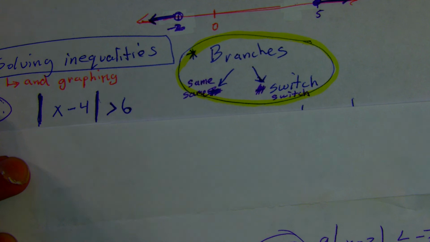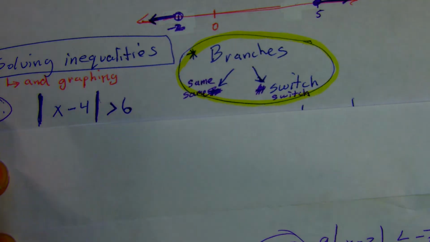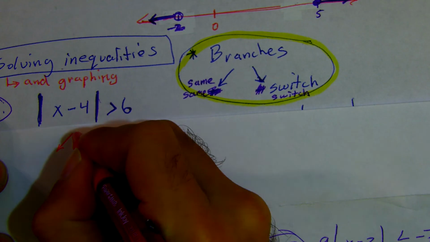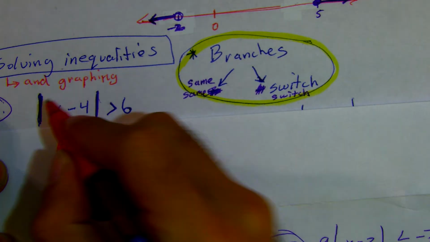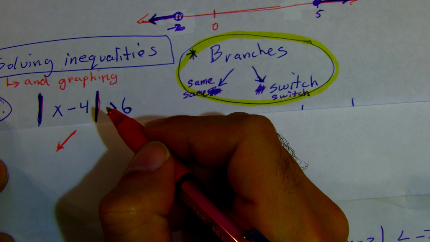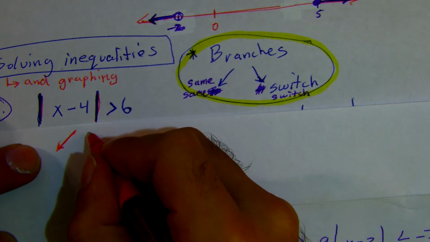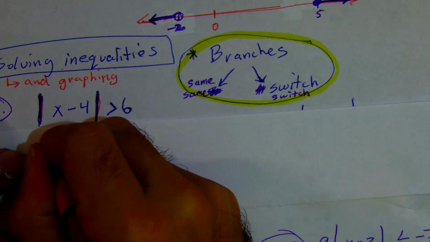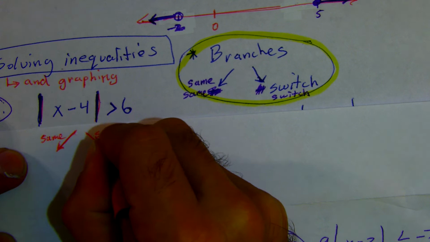All right. Now watch how this works. I'm going to take my inequality, as long as I have my absolute value isolated by itself. No problem, Marco. Then I'm ready to do my branches. So this is going to be the same, and this is going to be the switch.